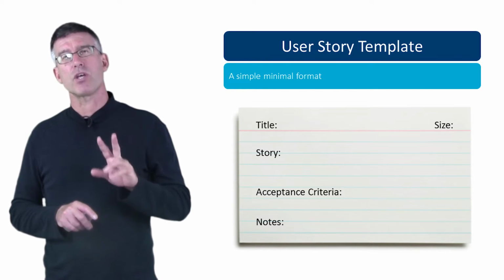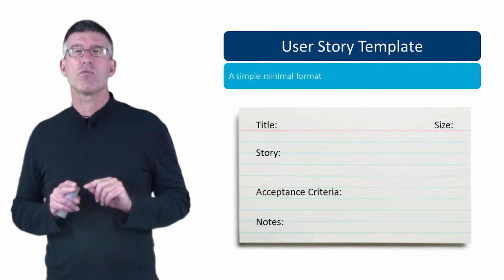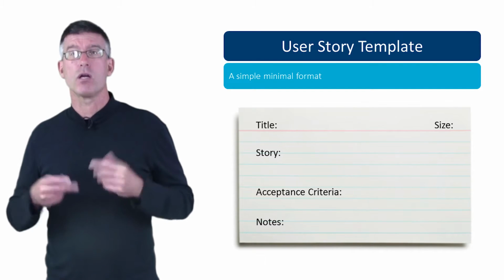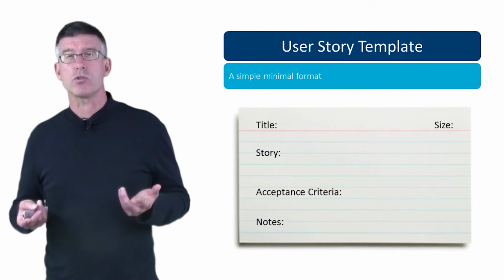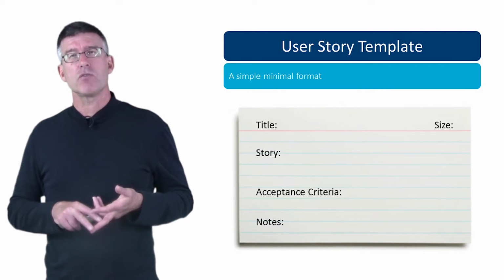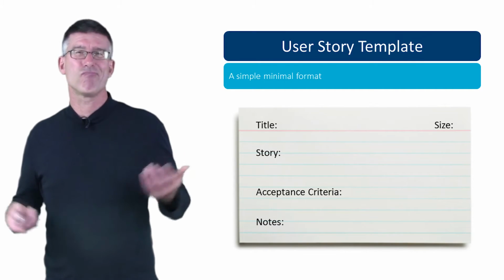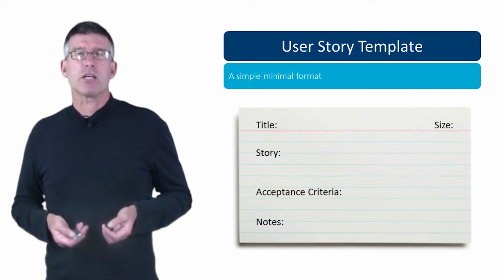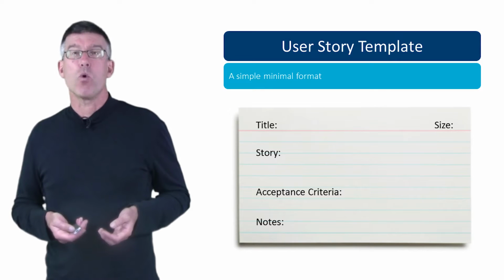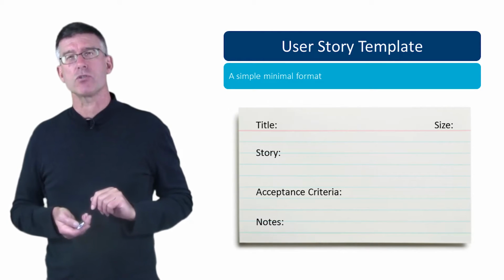The 2 attributes I think that are important on that are, 1, can you come up with a verb phrase name or verb phrase title for your user story? And second, is it intention revealing? So if you come up with a title like user story 1, bad, that's not a good user story.